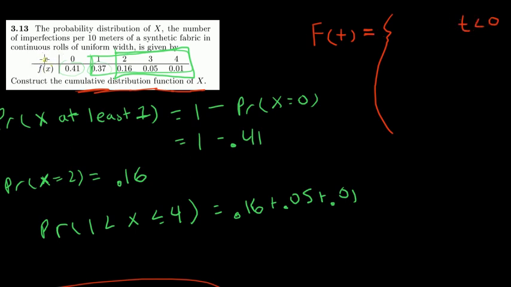Well, if t is less than 0, the probability of x being less than 0 is 0. Okay, now let's say t is between 0 and 1, but strictly less than 1, right? So if it's strictly less than 1, that means it's got to only be 0, so it says 0.14.